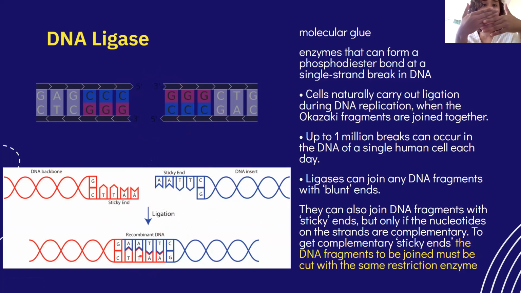So once it's combined, a foreign one and the vector one, you form a recombinant DNA. So, it could join both blunt ends and sticky ends, as long as the sticky end was cut by the same restriction enzyme.